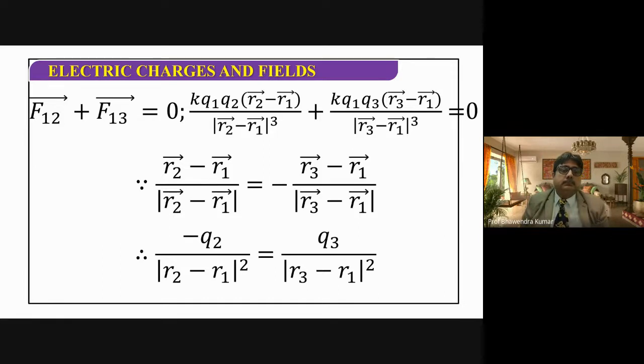Anyone, tell me what is the value of Q3?